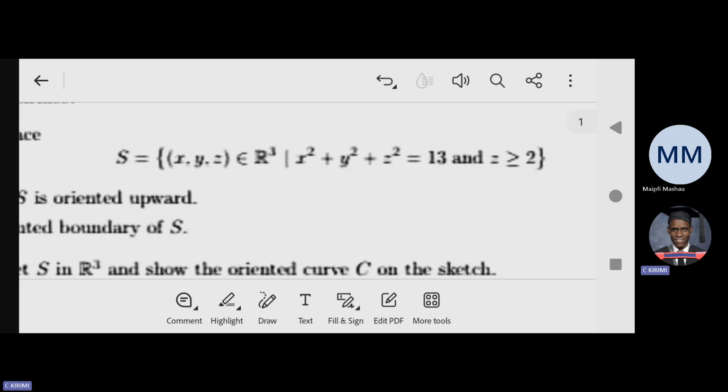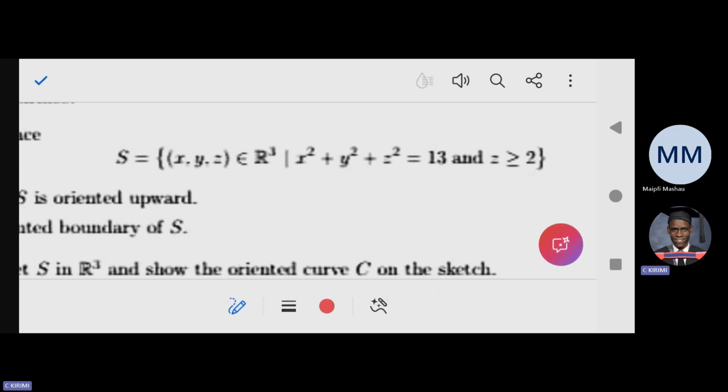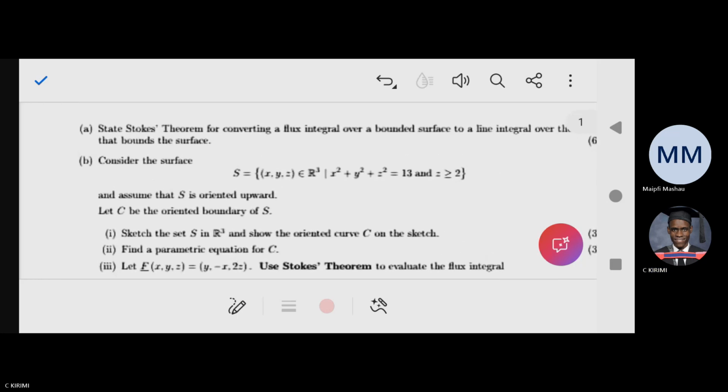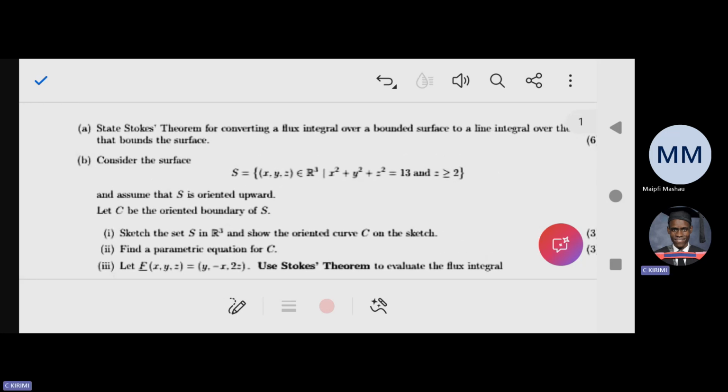But this z must always be greater than or equal to 2. So that is the condition that we are given. Z must be greater than or equal to 2. And assume that S is oriented upwards.